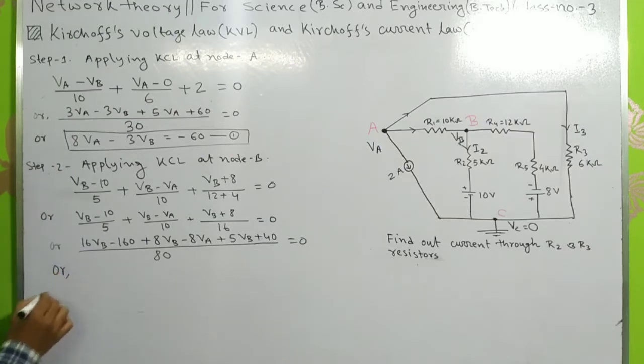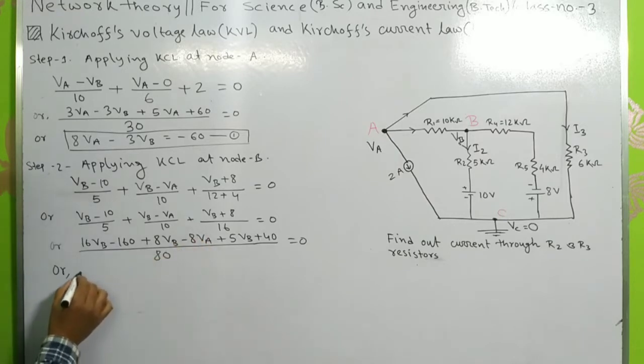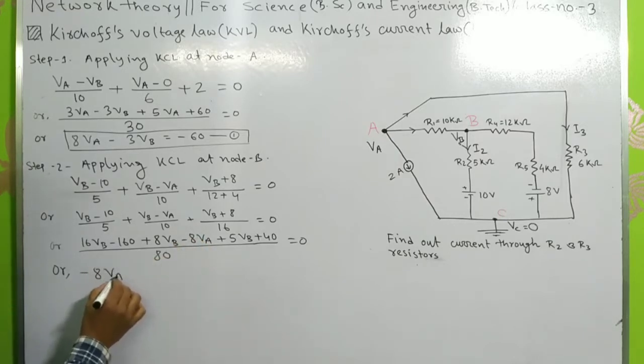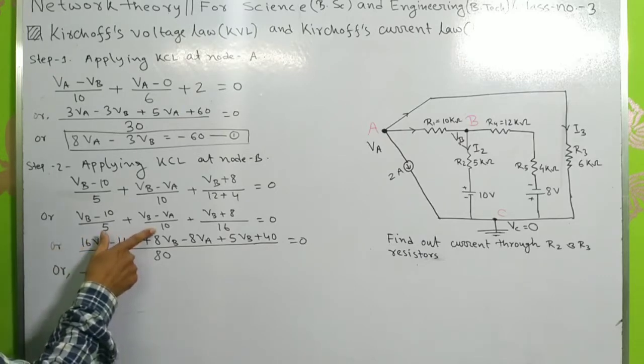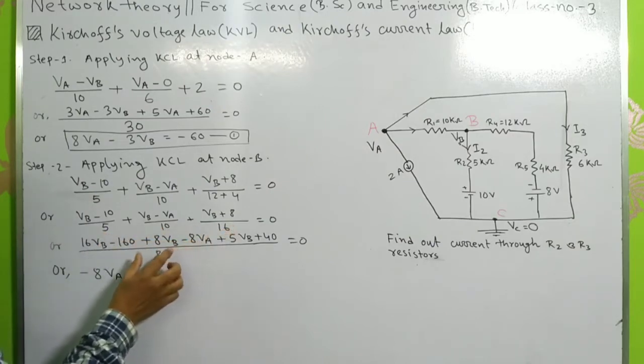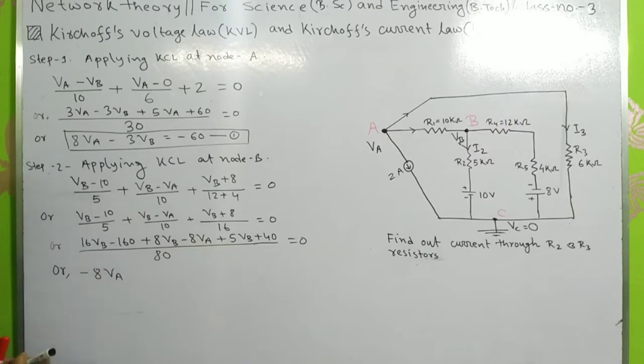So minus 8VA, and VB is 16, 8 and 5, so it will be 29VB.